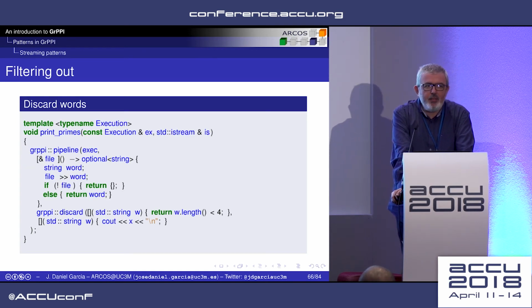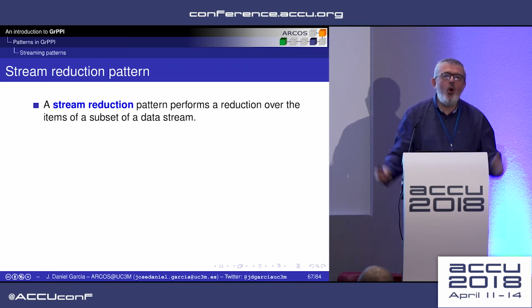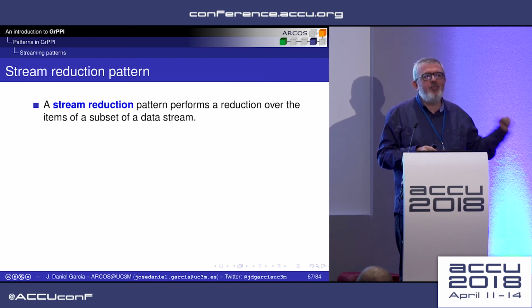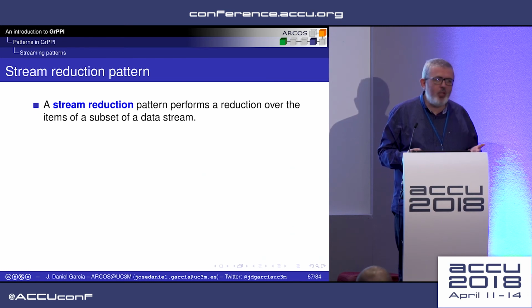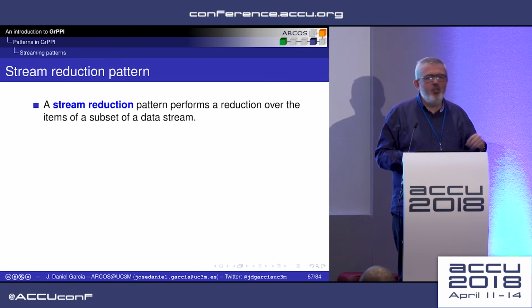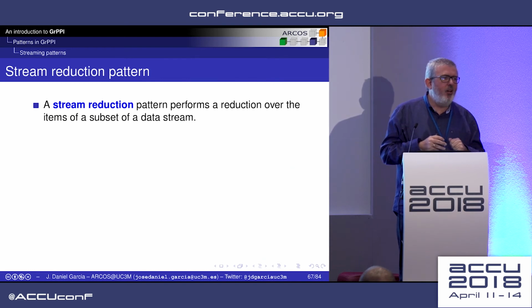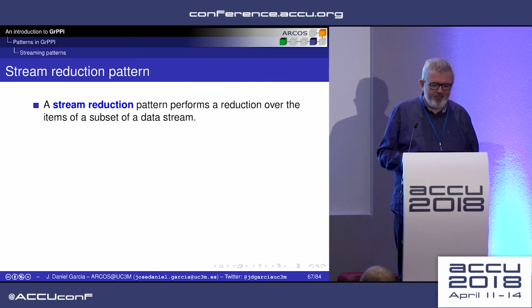Then we have stream reductions. When we perform a regular reduction, we need to have the whole data set. But when we are in a stream, especially if data is coming from the network, for example, what you want to do is slightly different, which is to perform reductions on windows of values. So for example, every 10 values, I compute the average, or whatever.